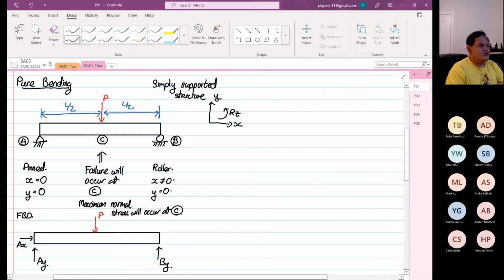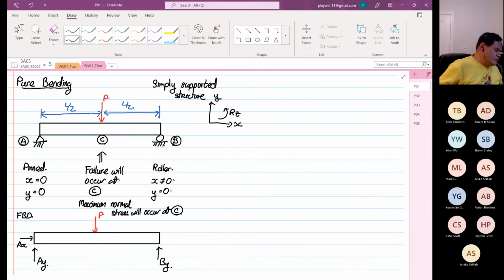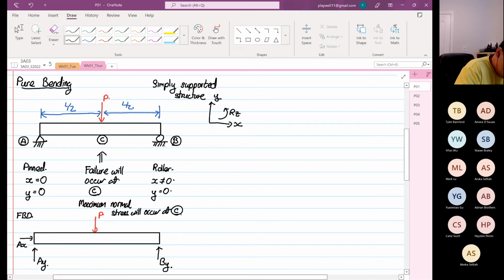So how do we calculate this maximum normal stress? There's a formula that I'm going to write down for you, which you are all going to be familiar with or somehow have seen before in 2P. If not, not to worry. You have stress sigma x equal to minus Mz over Izz multiplied by y.